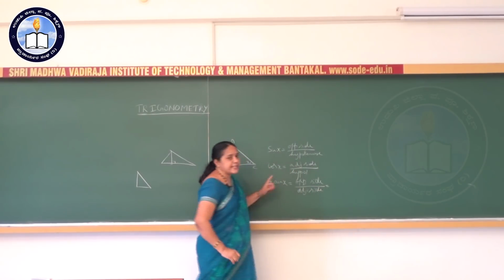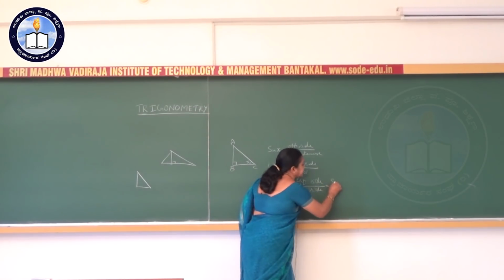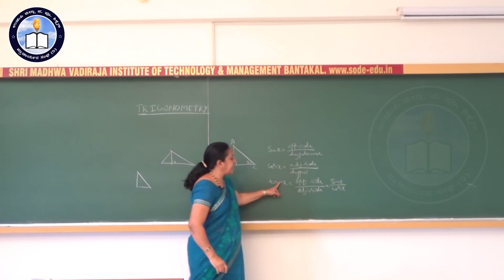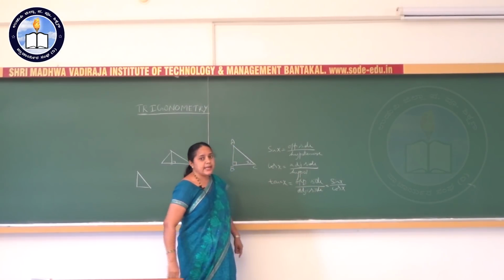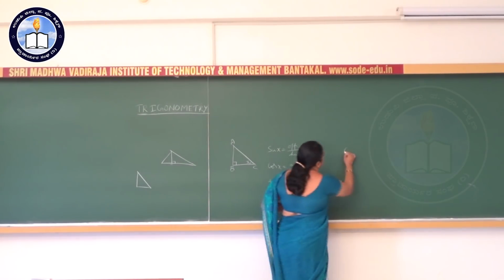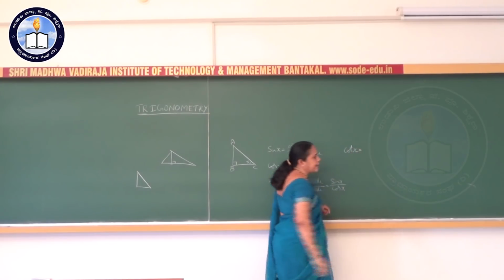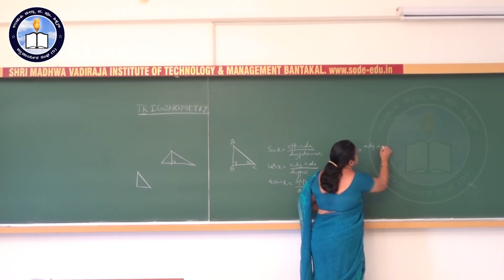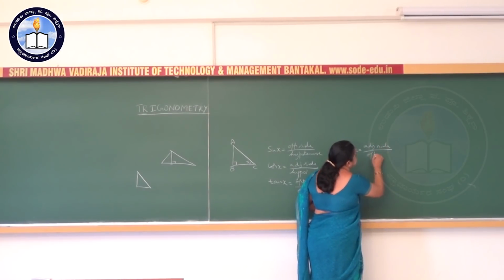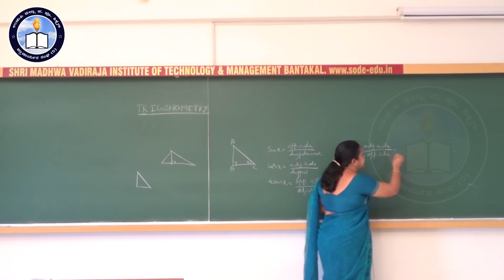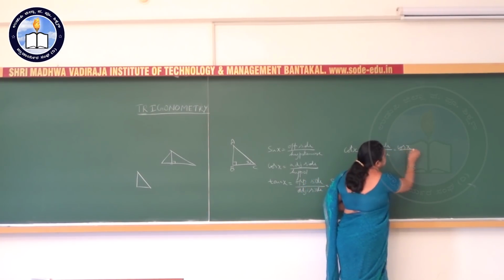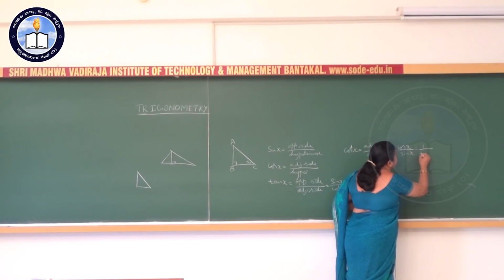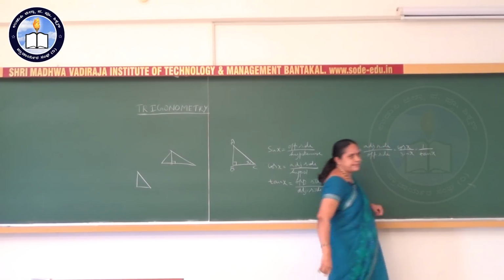And tan x is equal to sin x divided by cos x. Cot x is equal to adjacent side divided by opposite side, or it is equal to cos x divided by sin x, or it's the reciprocal of tan x.